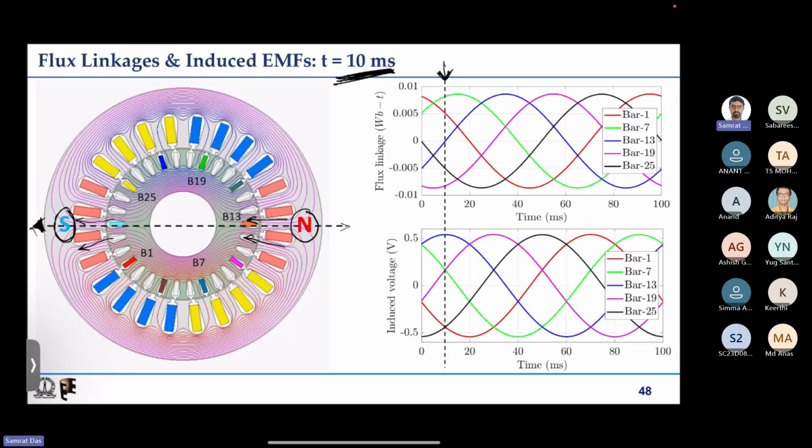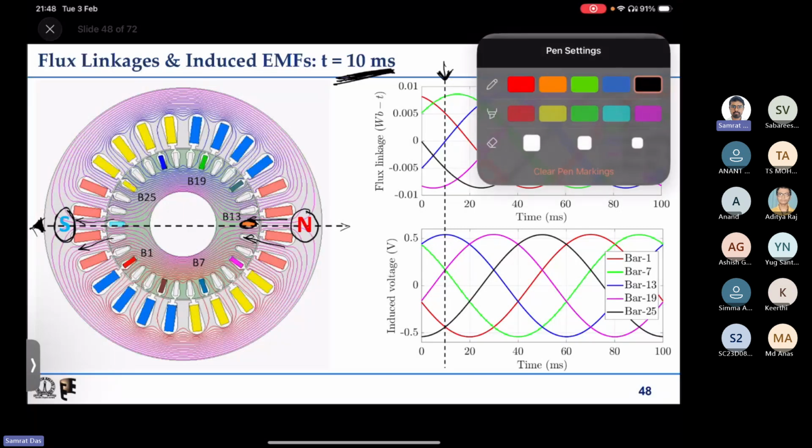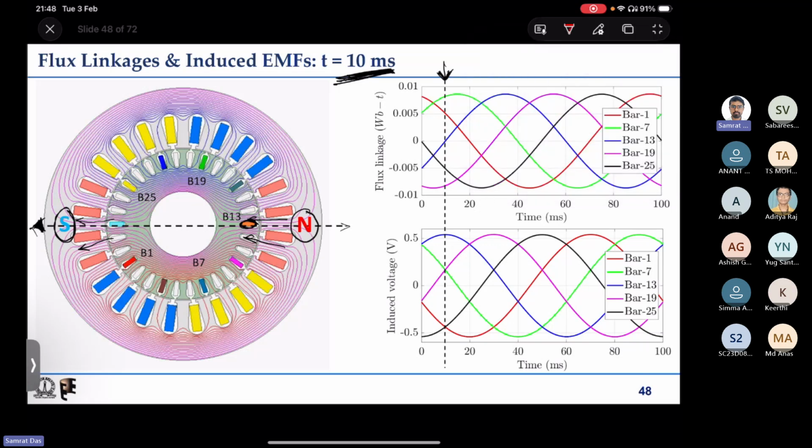Now let us try to see what happens in this case. As you can see, bar 13, is any flux line linking bar 13? Let us try to see by drawing some flux lines here. So this is one flux line. Surely this is not linking bar 13. This is say another flux line.